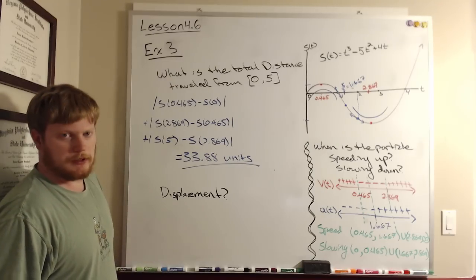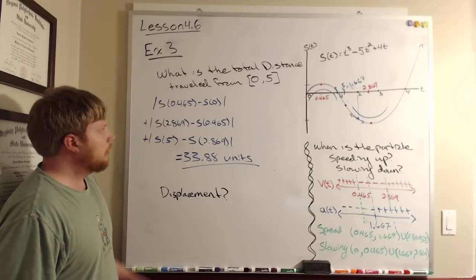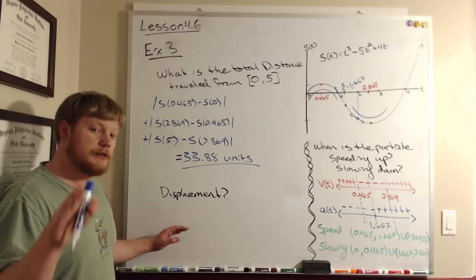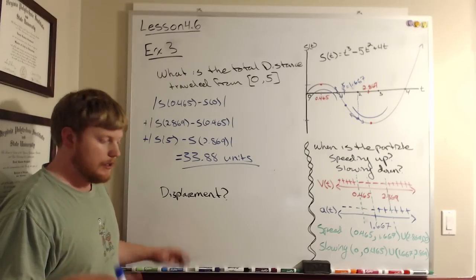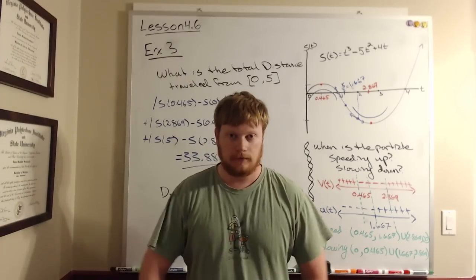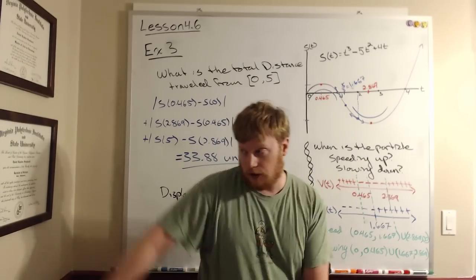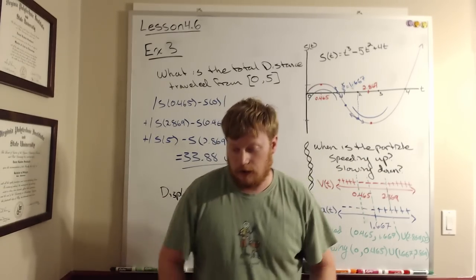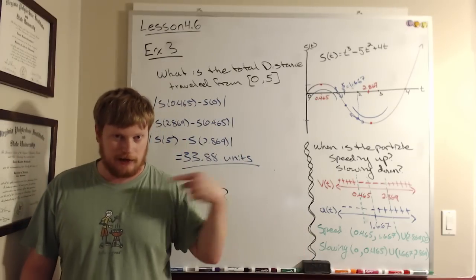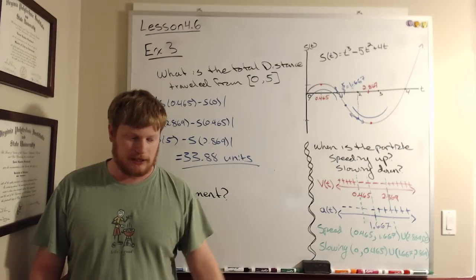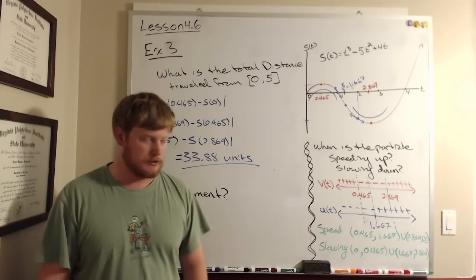What about the displacement? Well, displacement, first of all, can be negative, right? If I start at 0, and I go over there, and then I go over here, and I go over there, and I go over here, and then I end up right here at -1, my displacement is -1. Okay?